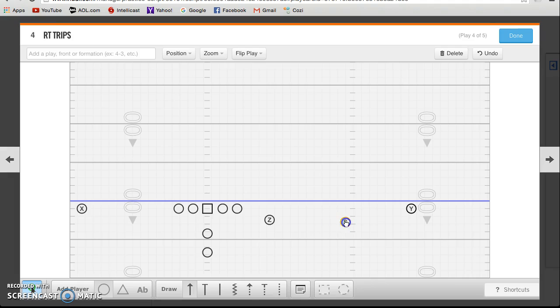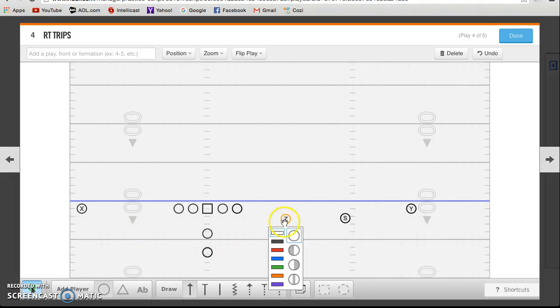S, you're probably going to be like right inside the hash mark, believe it or not, okay? And then Z, as far as spacing is concerned, you're going to have kind of the same basic rule as you would if you were to the boundary in spread, which would be find the guy who's outside of you and find your tackle and split the difference between those two people. So somewhere in that neighborhood, all right?